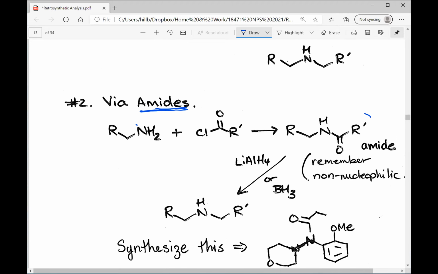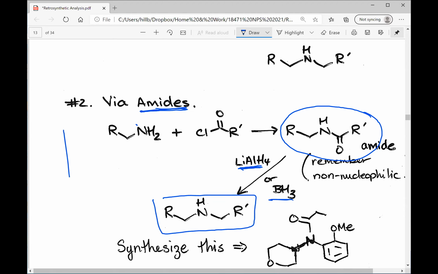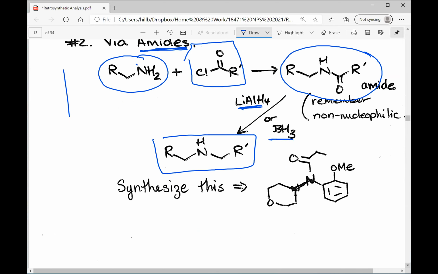You make your amide, which is not a particularly reactive functional group, and then you can reduce it with lithium aluminum hydride or borane to make your amine. The neat thing about that is that you'd still be using a primary amine, but now you're using an acid chloride. You can even make amides from esters too, but these are the easiest ones to work with. So those were some neat ways of making amines.